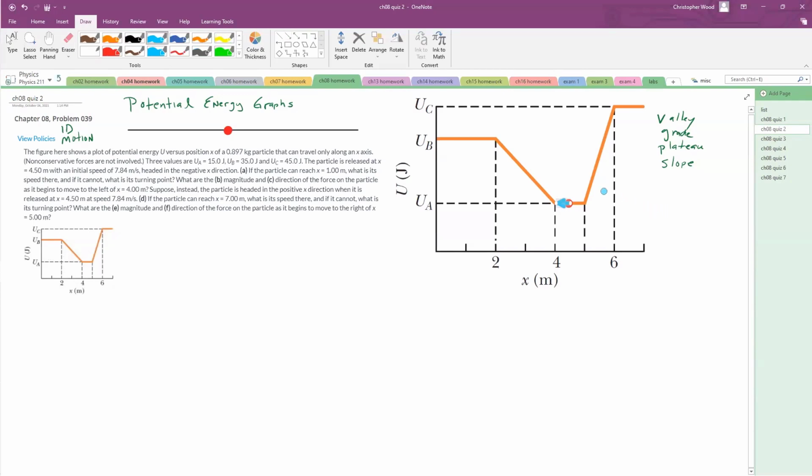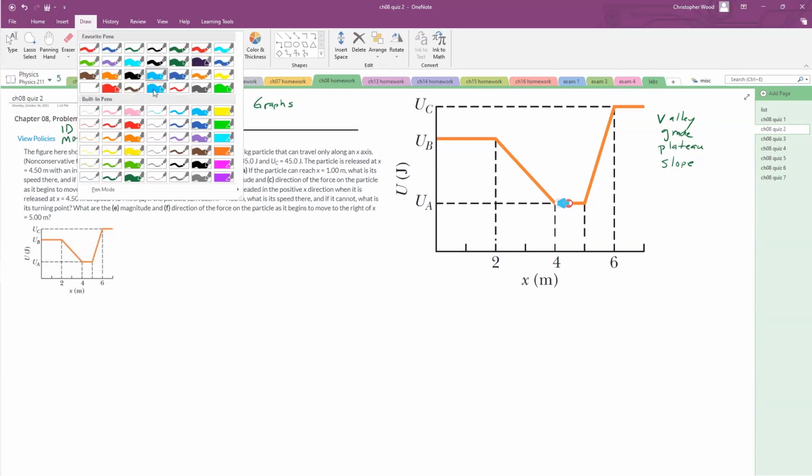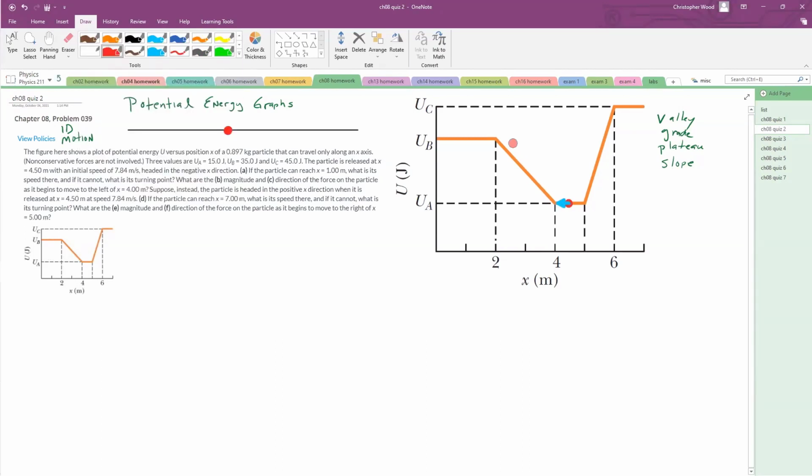And now the question is, can this red particle make it up the hill and all the way to the top of that plateau? Again, I'm using mountain climbing terms, but it's just a bead on a wire.